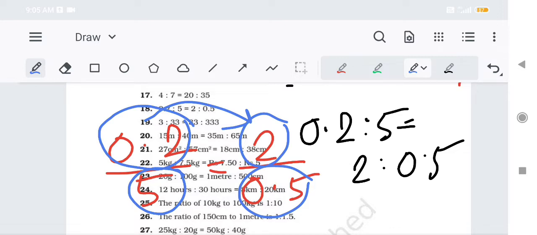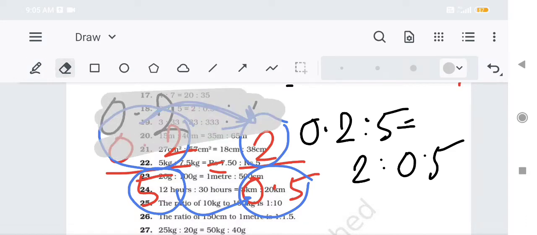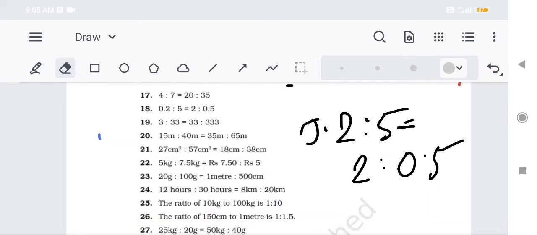So here the logic is not satisfied. Without doing any calculation we have come to know that these two are not equal or equivalent. So this statement, question number 18, is false. Let's come to the next one.